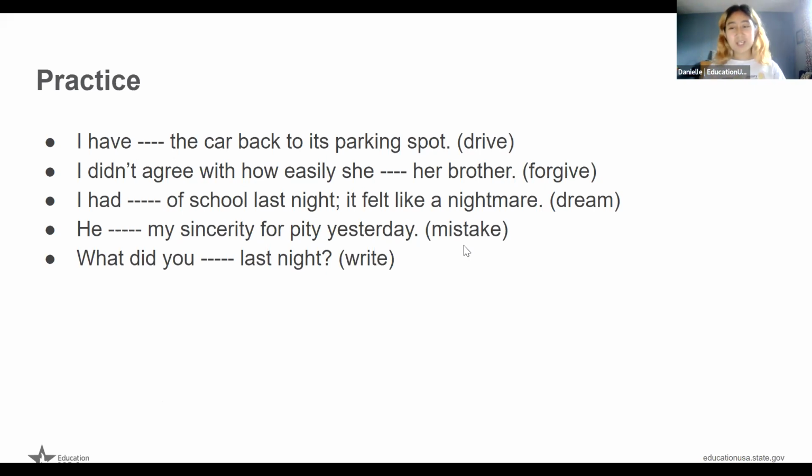Okay, so the next one, the verb is forgive. You guys are fast. Actually, let me check something really quick. So I'm going to read the sentence. I didn't agree with how easily she blank forgive her brother.